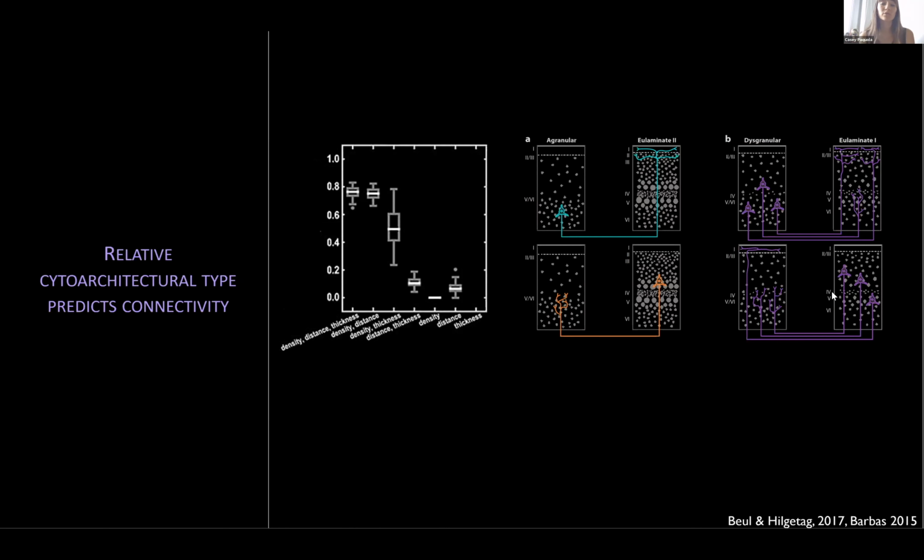And this also relates to feedforward and feedback connectivity. So it's a really good marker of whether something is feedforward or feedback. Deeper origins relate to feedback, and shallower origins relate to feedforward. And this can be clearly seen in an example of agranular to eulaminate. For example, if you're going from agranular to eulaminate, it's more likely feedback, whereas eulaminate to agranular is more likely feedforward.